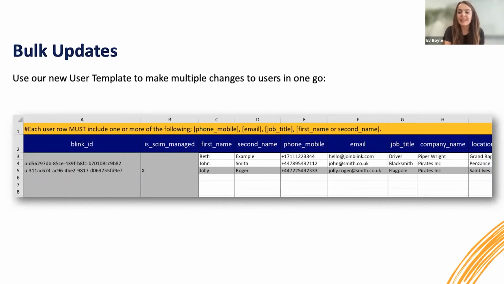And to make these changes, you're going to change everything that you need to within this Excel spreadsheet, and then you're going to re-upload it into Blink. Very seamless. It'll immediately update the changes that you have made to all of your users.